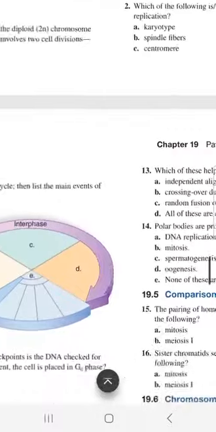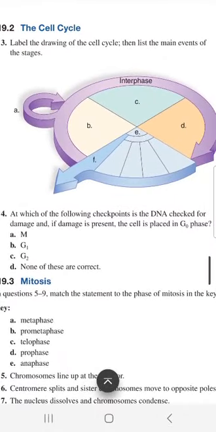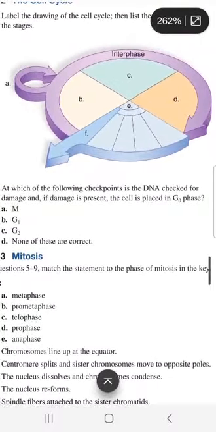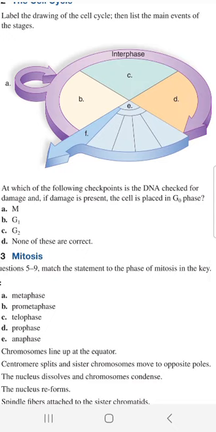Question number 3. Label the drawing of the cell cycle, then list the main events of the stages. So the purple arrow is all interphase.